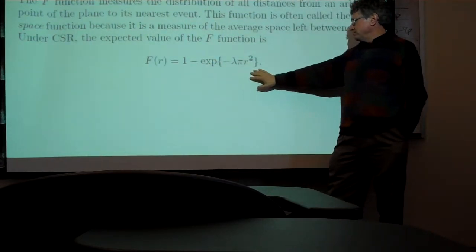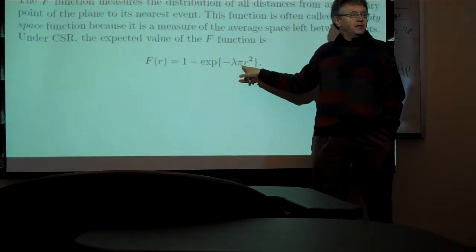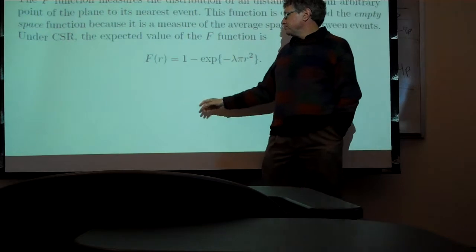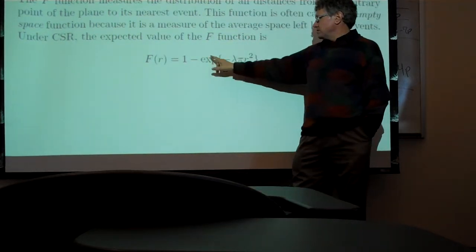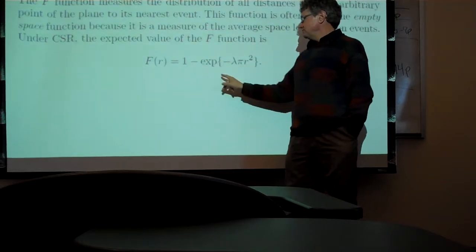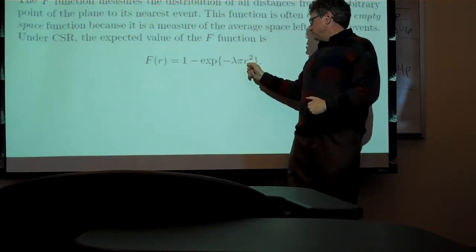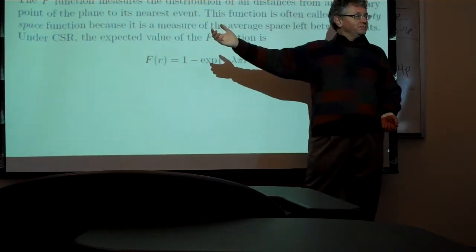Here we have the probability of 0 events in an area of pi r squared, so this is the probability of being at least r away from the nearest event.